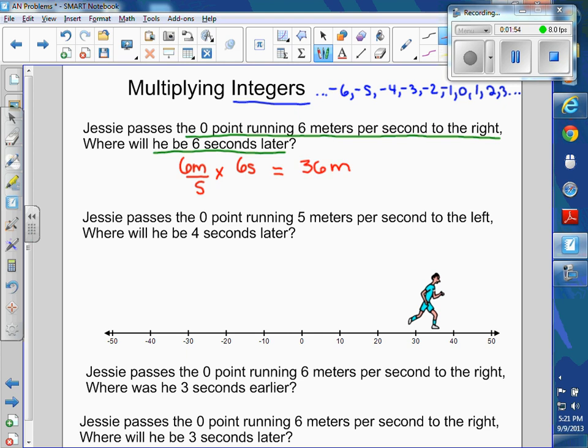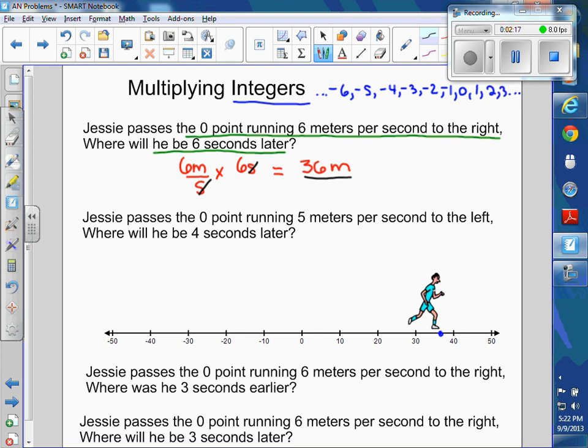One thing is a little review in your science class. You probably know that the science units cancel out, and if you don't, we'll practice that a little bit later in class time. So what we can conclude is that Jesse would be at the 36 meter point right here.